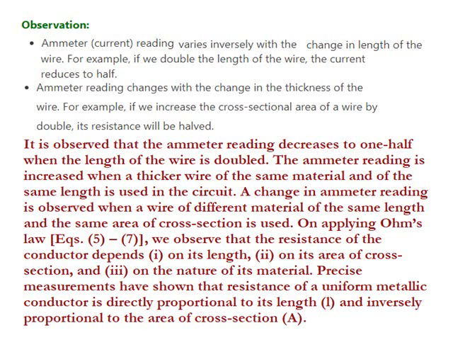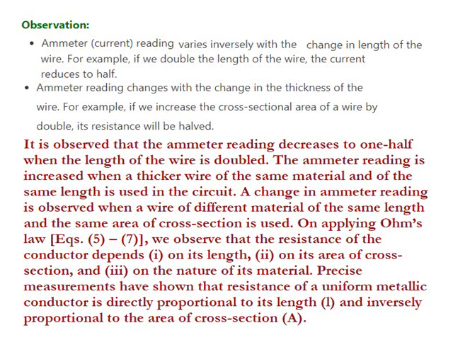Ammeter reading gives you the value of the current, right? So ammeter or current reading varies inversely with the changes in length of the wire. For example, if we double the length of the wire, the current reduces to half. Ammeter reading changes with the change in the thickness of the wire.